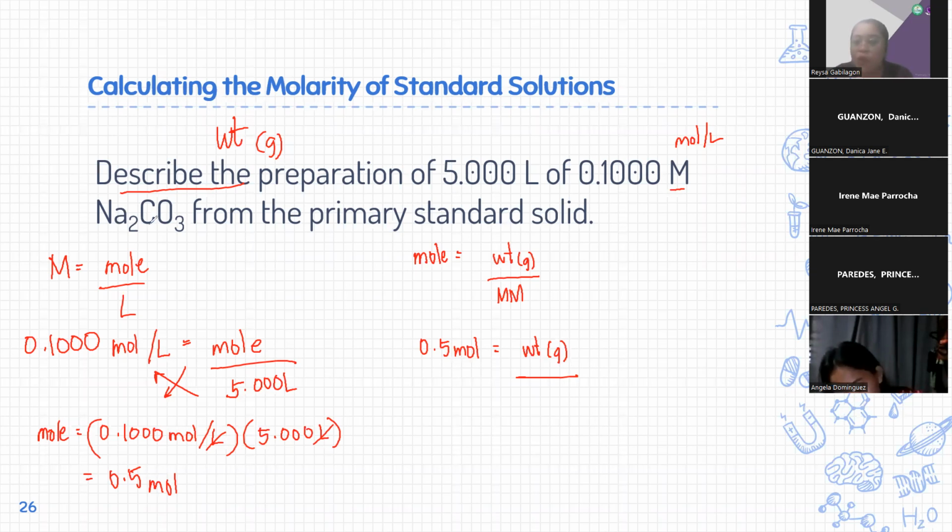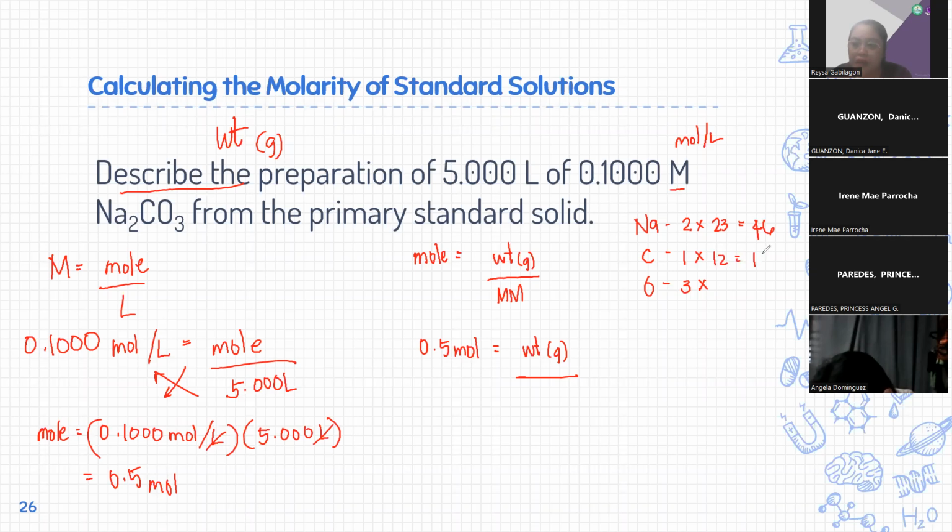Now, this is sodium carbonate. We have to compute first for its molar mass. We have to list down all the elements, sodium, carbon, and oxygen. Identify the number of atoms, 2, 1, and 3. Multiply natin sila each sa kanilang respective atomic weights. A whole number lang muna ha. This is 23, so 46.